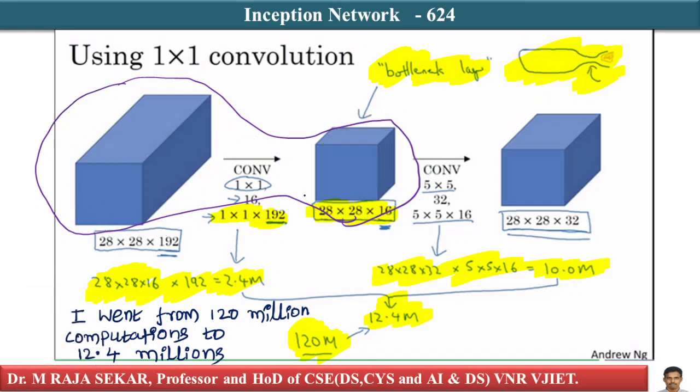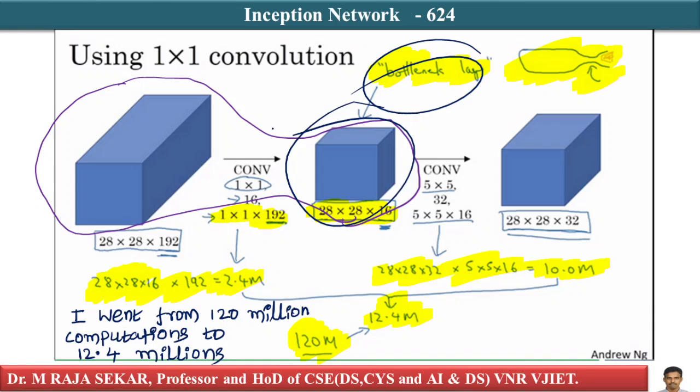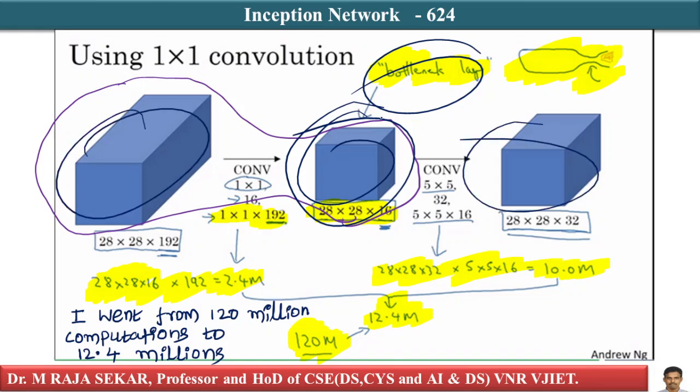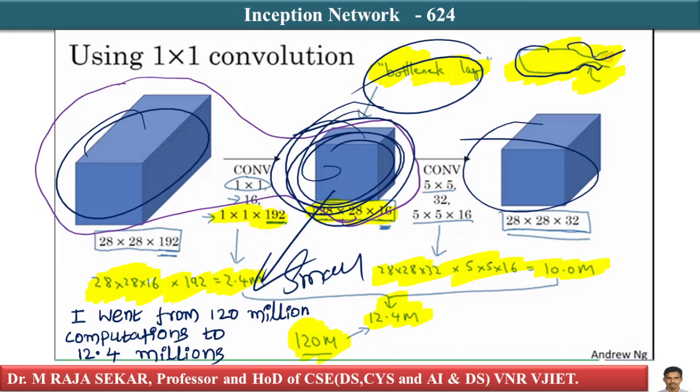That's why this particular one is called the bottleneck layer, because this is much smaller. This is larger, this is small. That's why they are drawing it like a bottle. So this is a very nice software engineering hack.